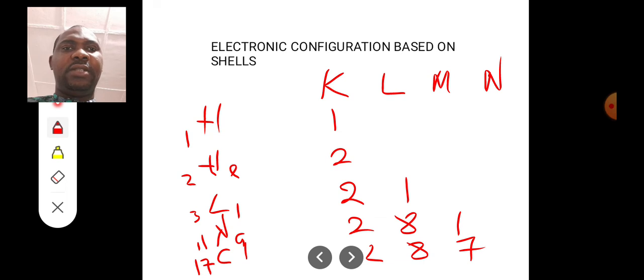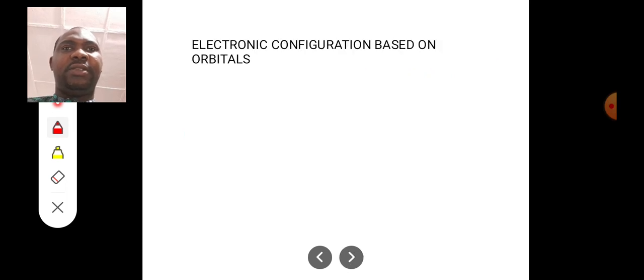That leads us to the next, which is electronic configuration based on orbitals. The shells are further divided into orbitals. We have the s orbital, the p orbital, the d orbital, and the f orbital. According to the Aufbau principle, there is a way the orbitals arrange themselves.